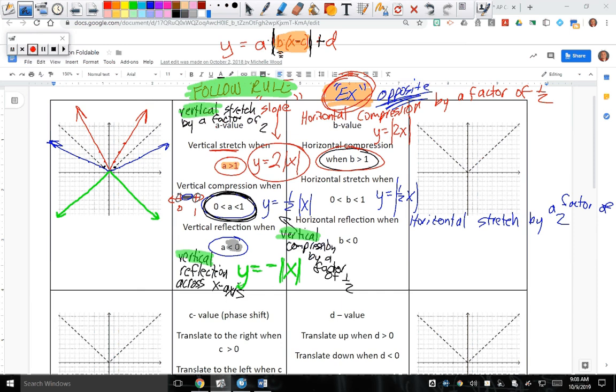And then the horizontal reflection, when b is less than 0, in other words, if b is negative, you would have something that looks like this. And what does that reflect across? The y-axis. Because it's a horizontal reflection. And do that with your hand if you need to. You're reflecting across the y-axis. So we'll say horizontal reflection across the y-axis.